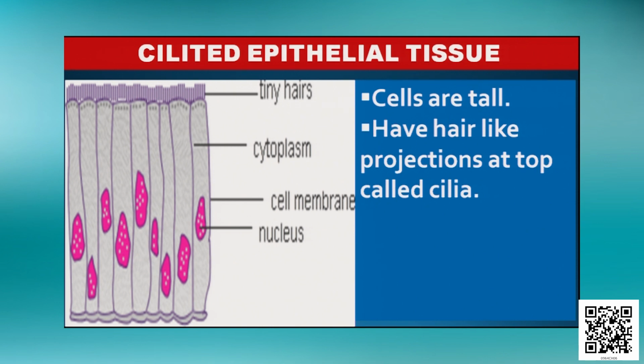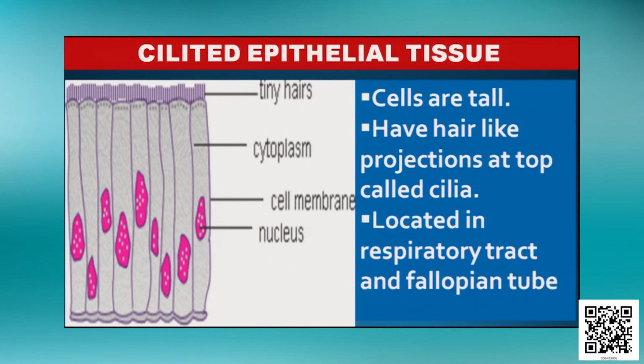The cells are tall, like columnar. The only difference is that they have tiny hair-like projections called cilia, usually found in the respiratory tract to push out the dust particles and the mucus. Also found in the fallopian tube of females to transport the ovum or egg.